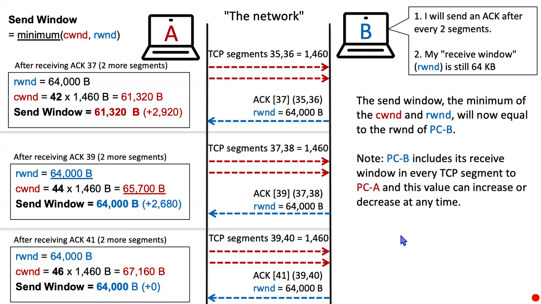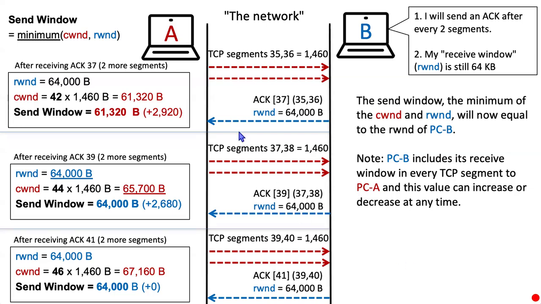So also note that PCB includes its receive window in every TCP segment to PCA. And this value can increase or decrease at any time. Right now, we've just kept things simple and shown that PCB has kept its receive window constant at 64,000 bytes.